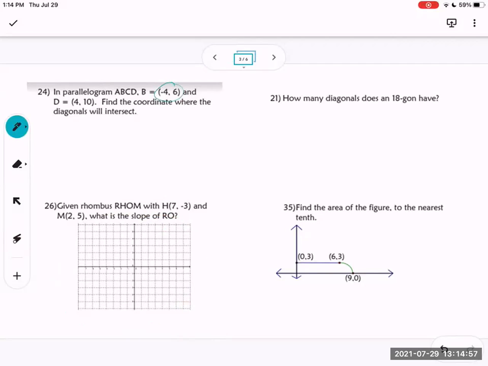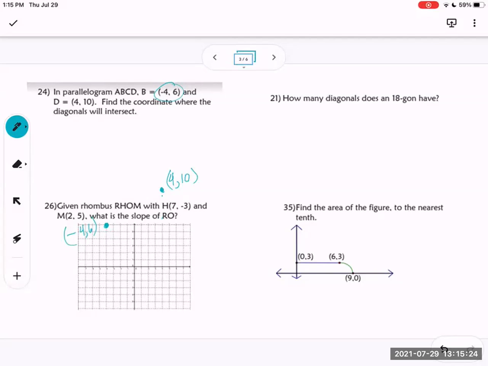-4, 6 is -4, then 1, 2, 3, 4, 5, 6, all the way up there. So there's -4, 6. And 4, 10, well, that's going to be way too high, but that's okay. 4, 6, 7, 8, 9, 10. So there's 4, 10 up there. And there's -4, 6 right there.